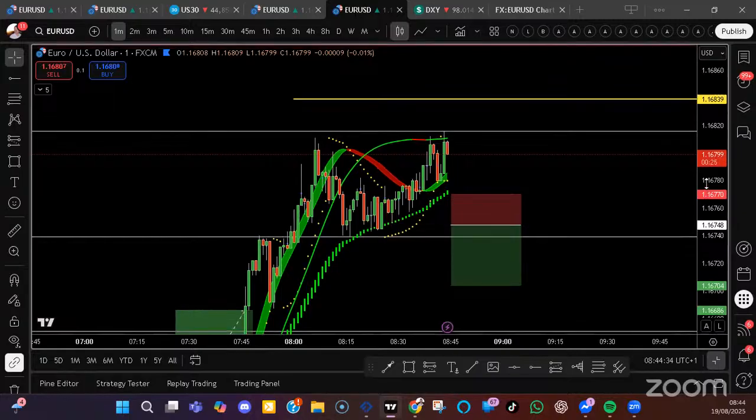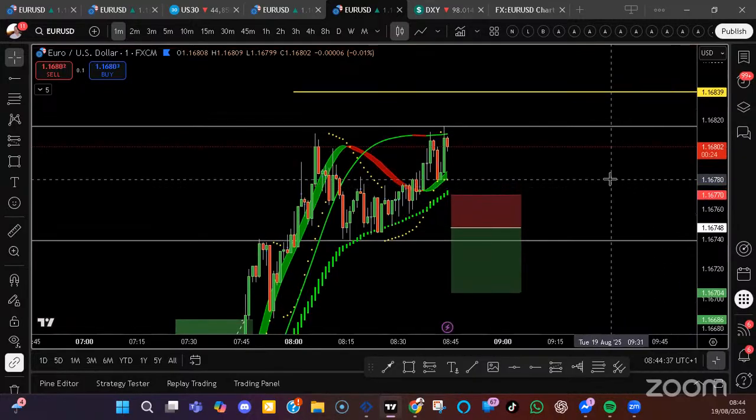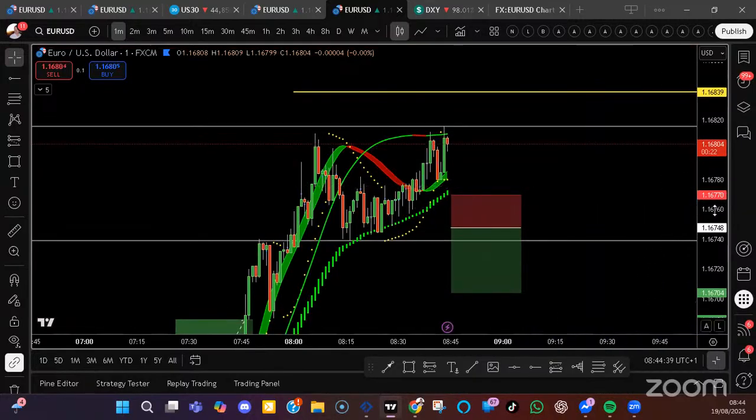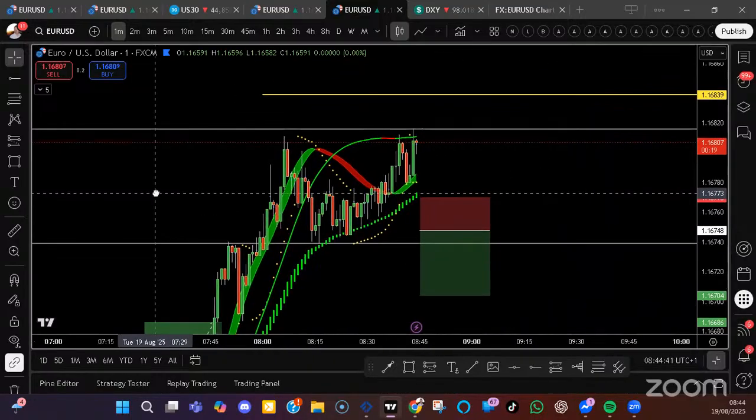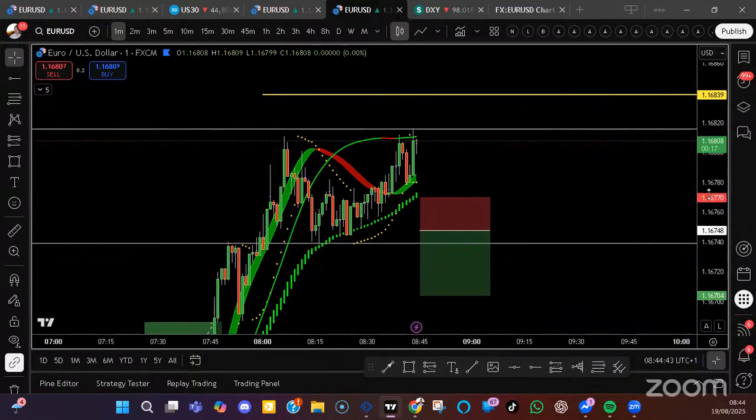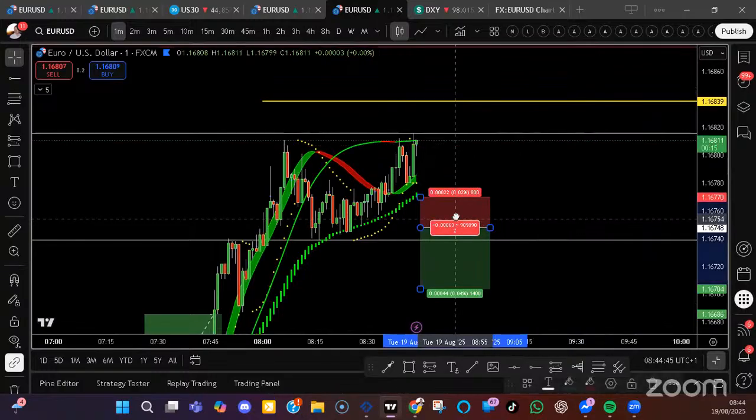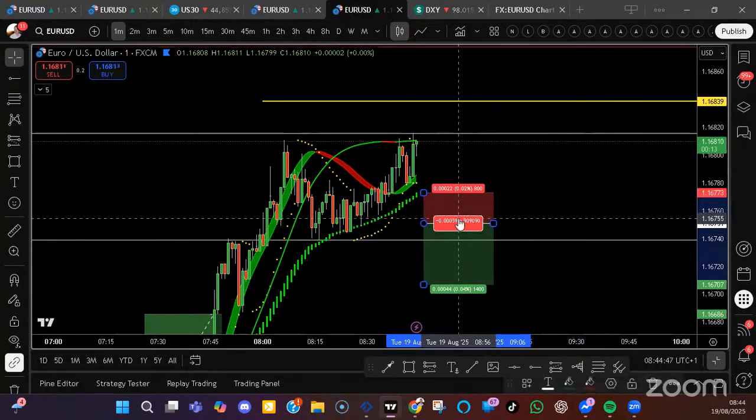And this time of day, a lot of the times is the time of day when a trend starts to happen. That's why I like to trade this time of day, between 7 and 9 UK time.